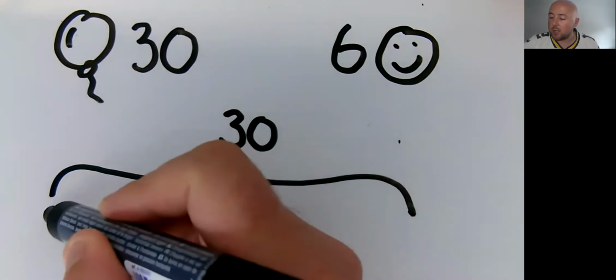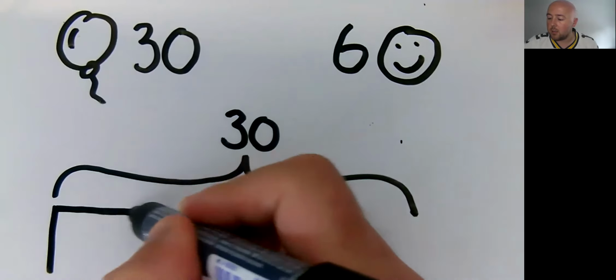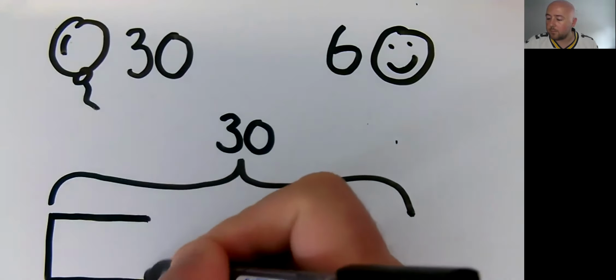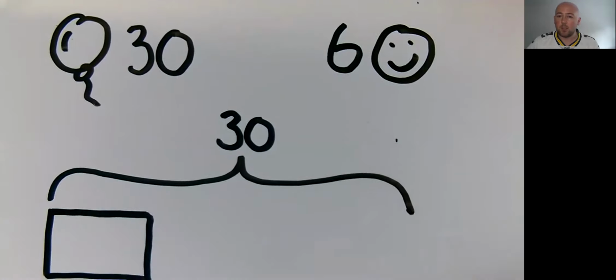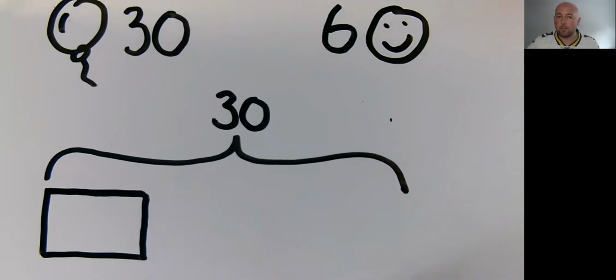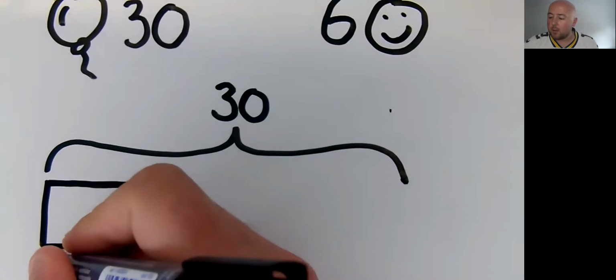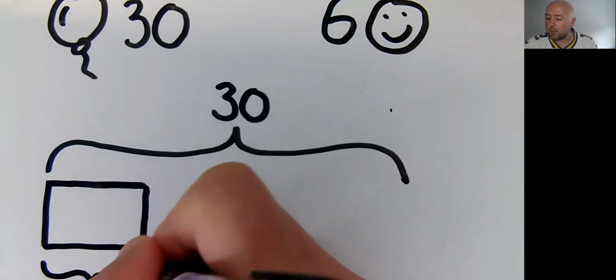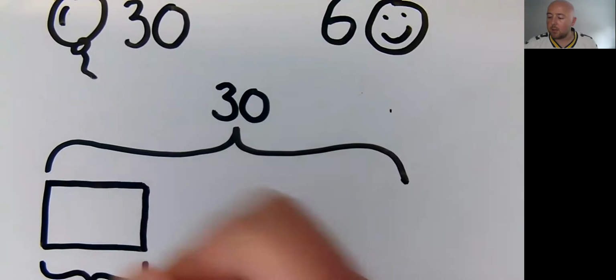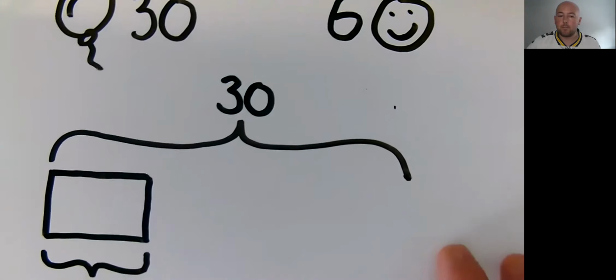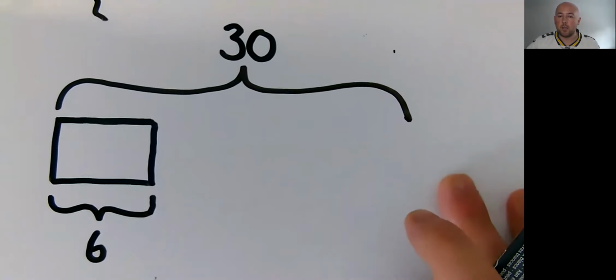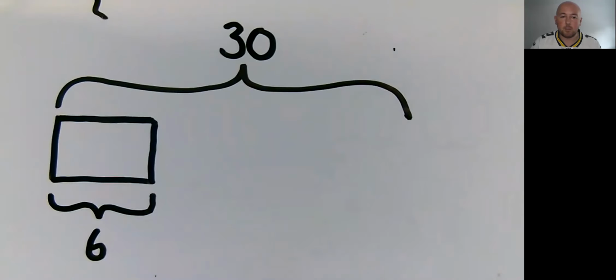And so we can show that, if we just move this slightly, we can see one friend gets 6.